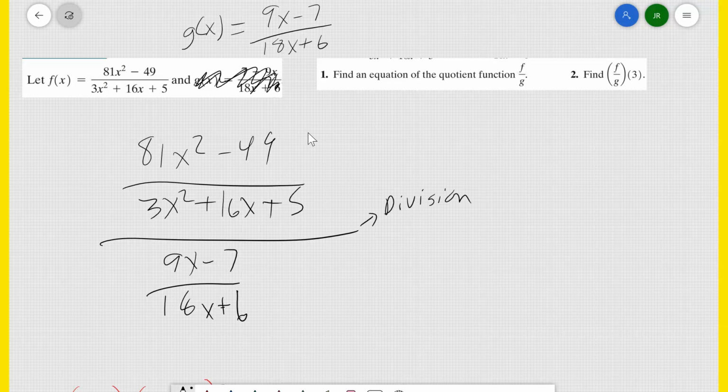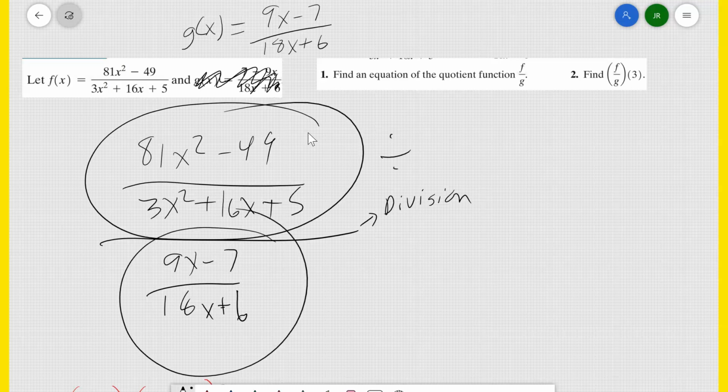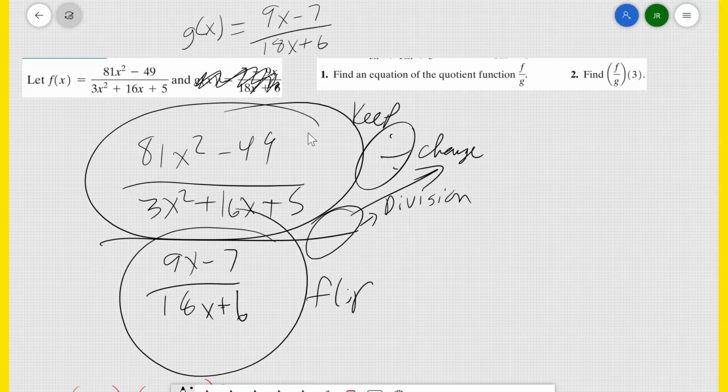So I'm going to do the same way as if it was this divided by this, which is again, change it to multiplication and flip the second fraction. I'm going to keep the top fraction, change this division to multiplication, and flip the bottom fraction.